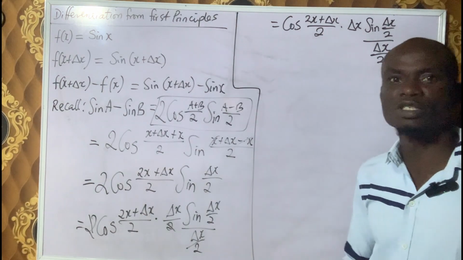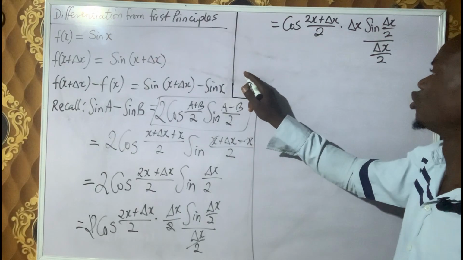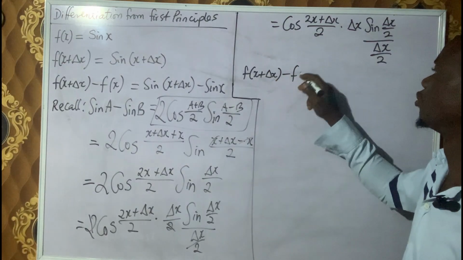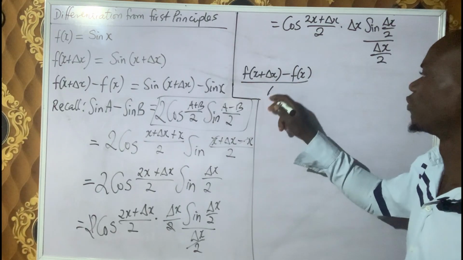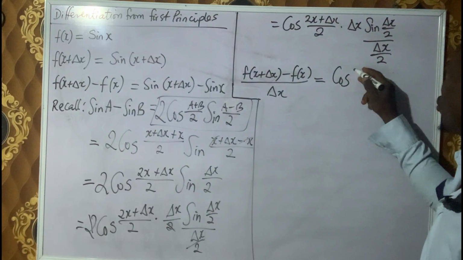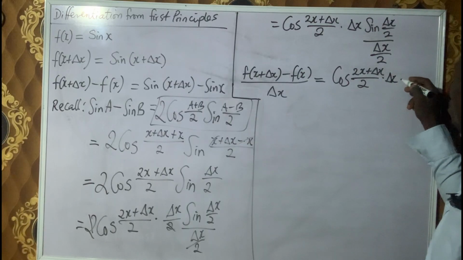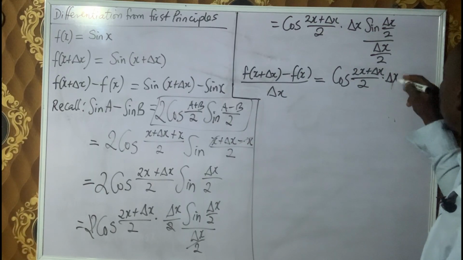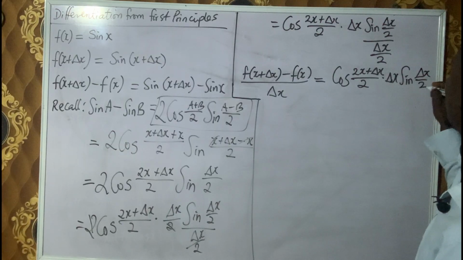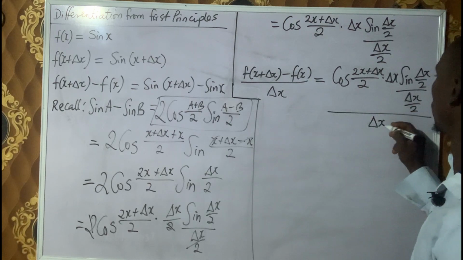The next step is to divide both sides by delta x. If I do that, I'm going to have f of x plus delta x minus f of x all over delta x equal to everything here: cos of 2x plus delta x over 2, times delta x, sine delta x over 2 all over delta x over 2, all divided by delta x.